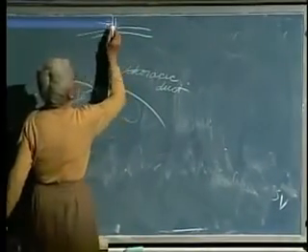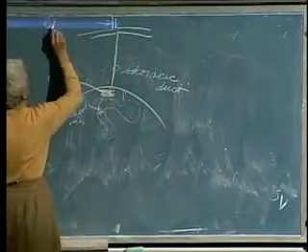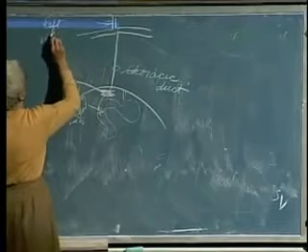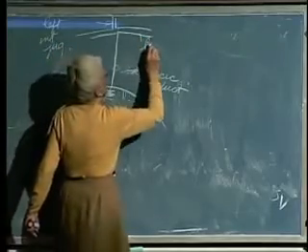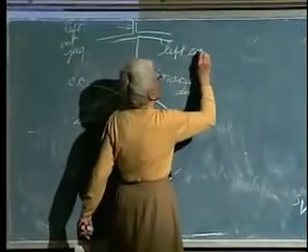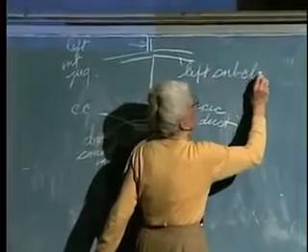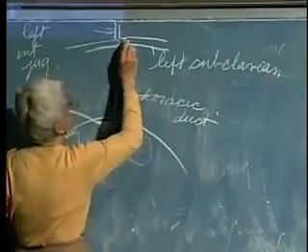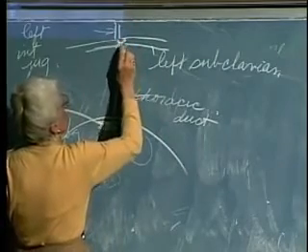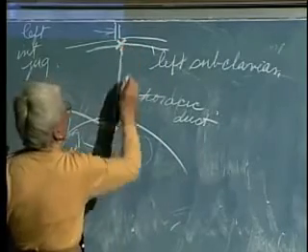So this is my left internal jugular and my left subclavian. And the fat will be distributed into the venous system here.